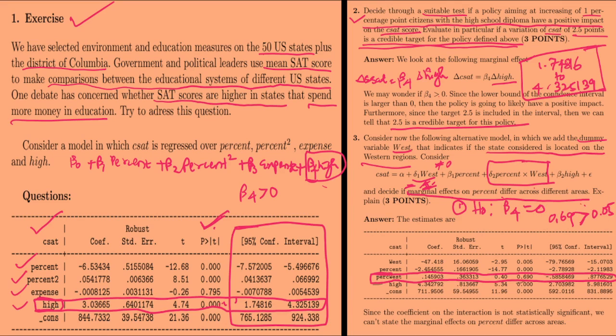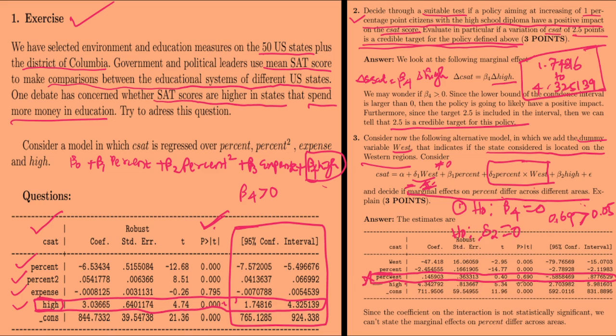That means you are not going to reject the null hypothesis. What is the null hypothesis? That delta 2 is 0. You are not rejecting this, so this is not significant.